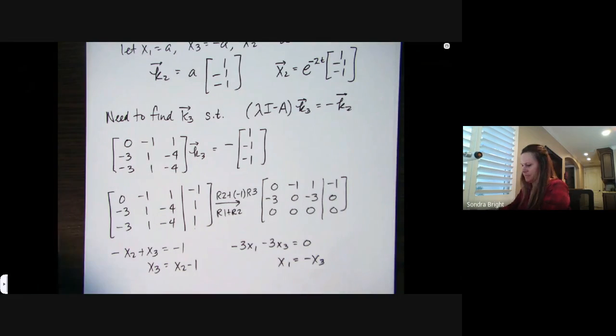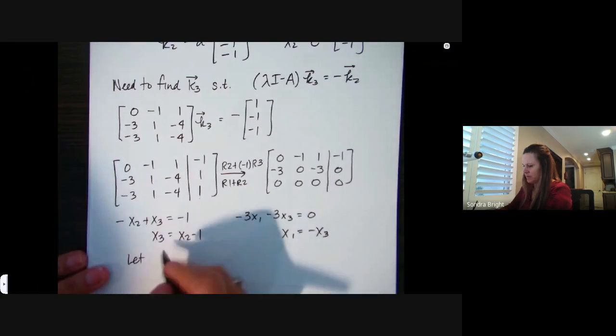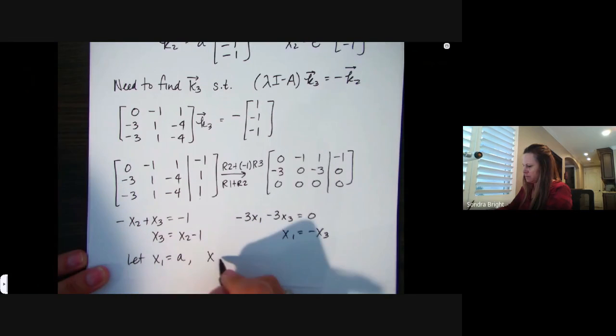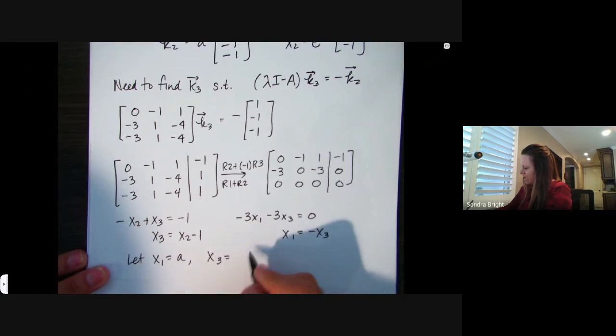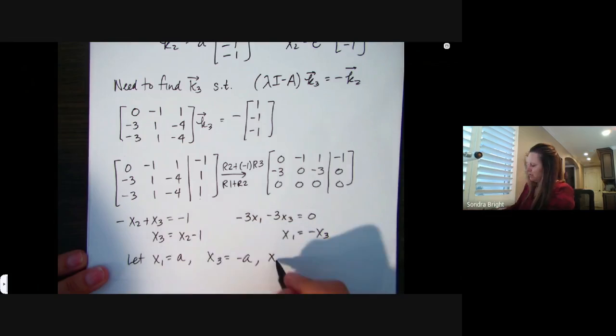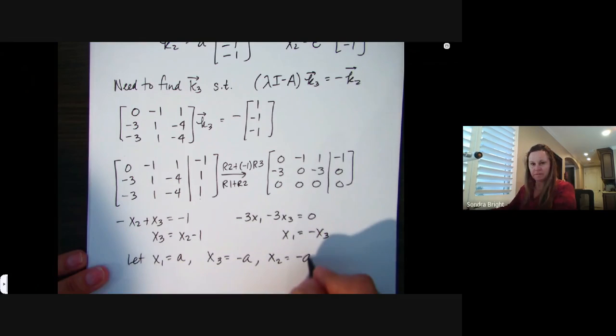All right, so if I let x1 be equal to a and x3 be equal to -a, then x2, if this is -a, adding the 1 over, would be -a plus 1.